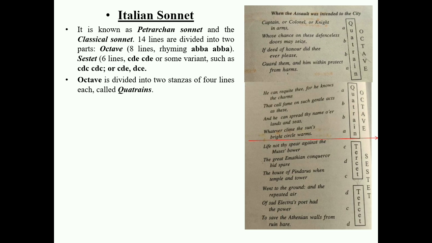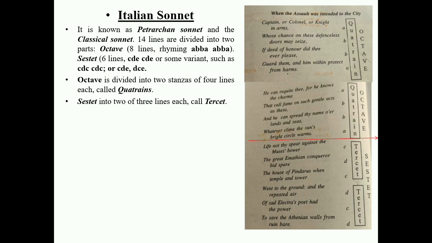So you can see here the octave is divided into 2 stanzas of 4 lines each. This 4-line part is called a quatrain. So here we have 2 quatrains in the octave.